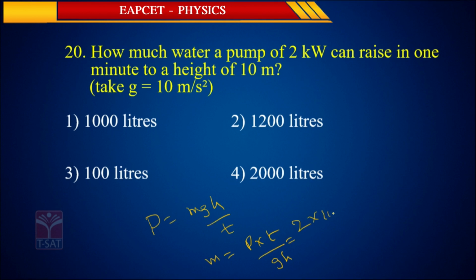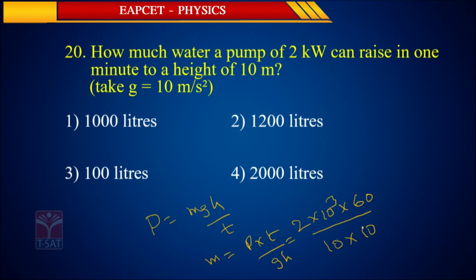2 kilo means 2 into 10 cube, into time in minute. 1 minute is equal to how many seconds? 60 seconds. So 2 into 10 cube into 60 by g value, which is given as 10, and h, the height, is 10.